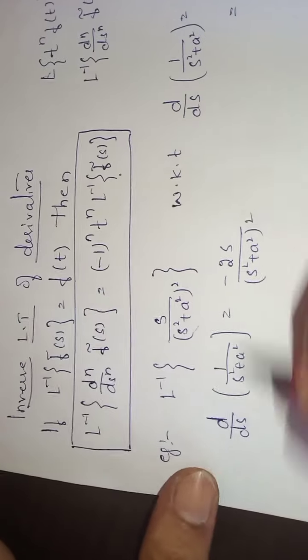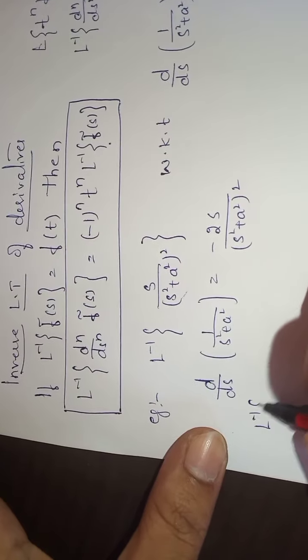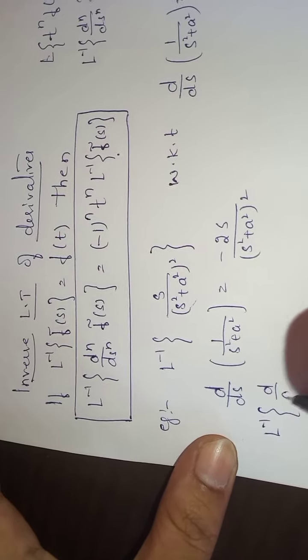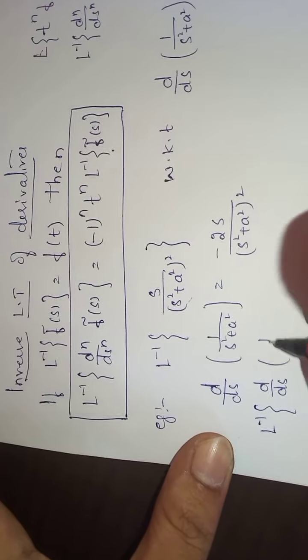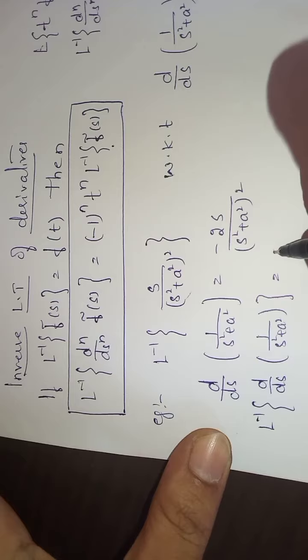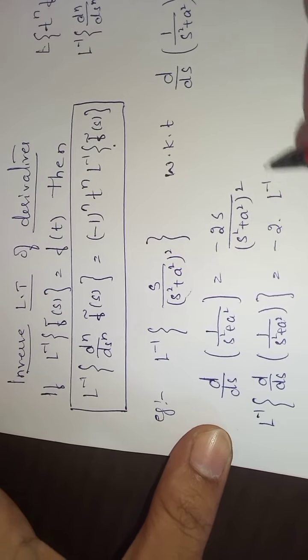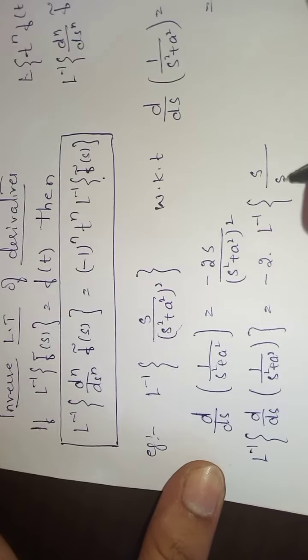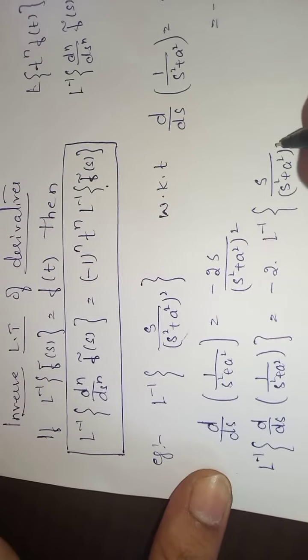Now we apply the inverse Laplace transform on both sides. The inverse Laplace transform of d by ds of 1 by s square plus a square is equal to minus 2, which is a constant, times Laplace inverse of s by (s square plus a square) whole square. We have to find this value.